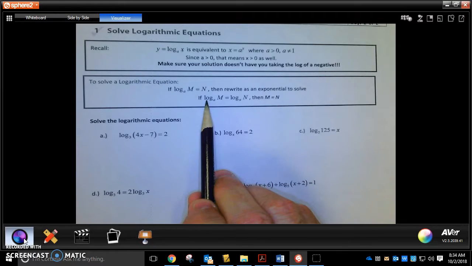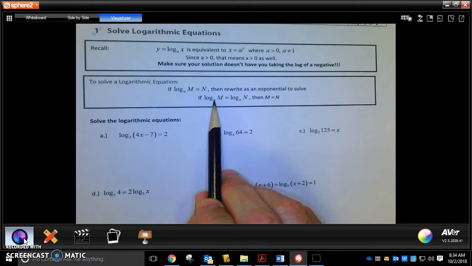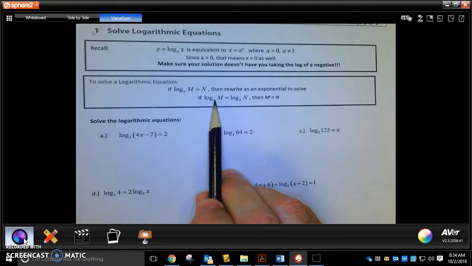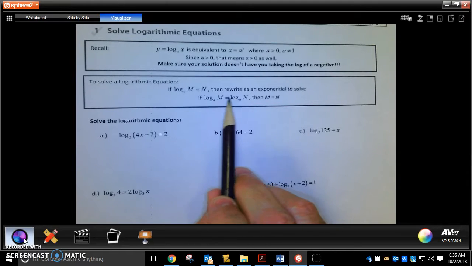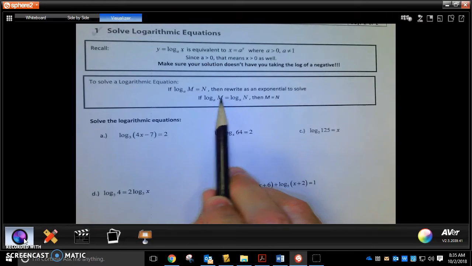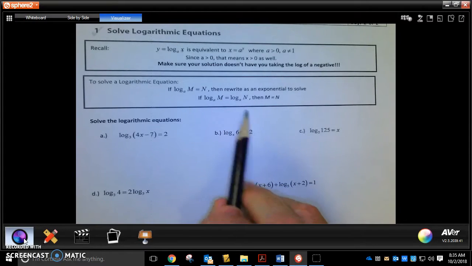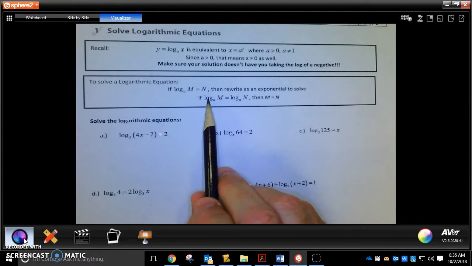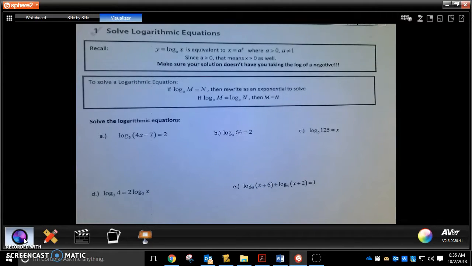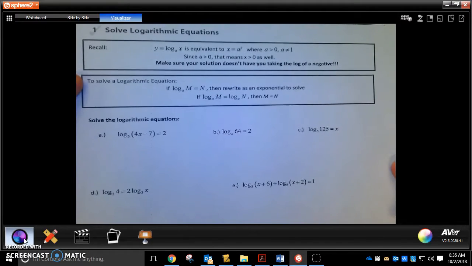Or we're going to have a log on the left, like the entire left side is a logarithm, the entire right side is a logarithm, and if that's the case, the only way that these two expressions can be equal to each other is if this m and this n are identical. So if we're in this situation, we can just let these two logs cancel each other out, set the m and the n equal, and then solve this little equation. And you'll see that happen as well. All right, so those are our rules.